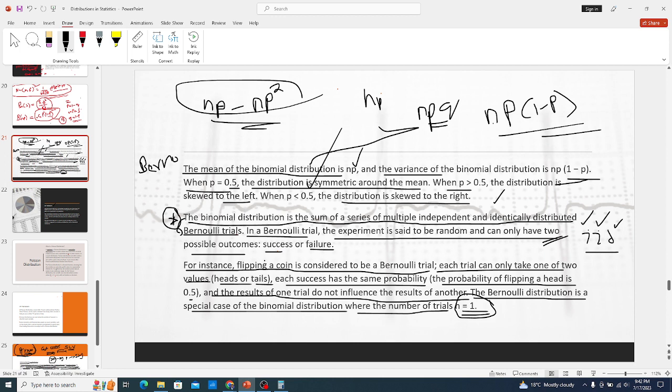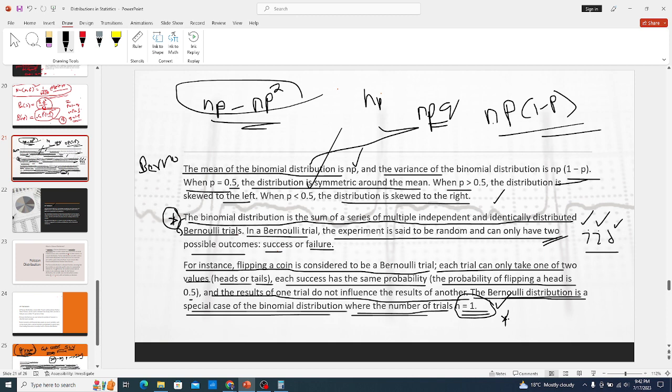So if we go to the second trial, meaning we have done 2 trials, now it changes from Bernoulli to binomial. That's why we say that the Bernoulli distribution is a special case of the binomial distribution where the number of trials n is equal to 1.